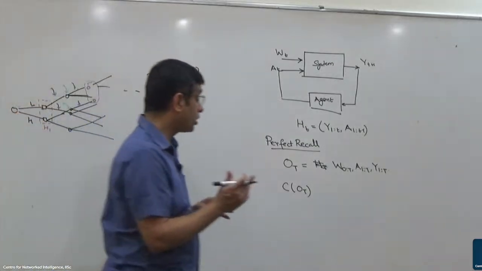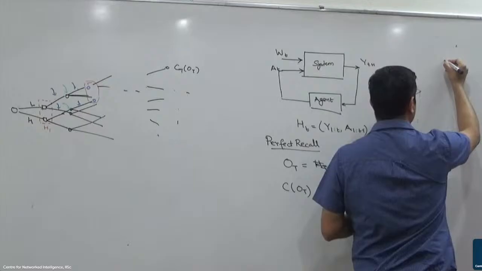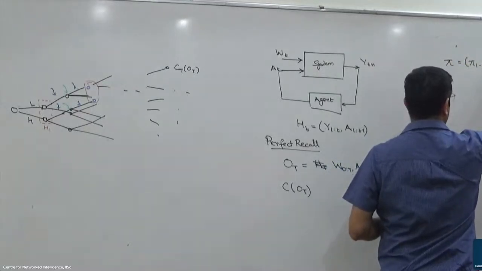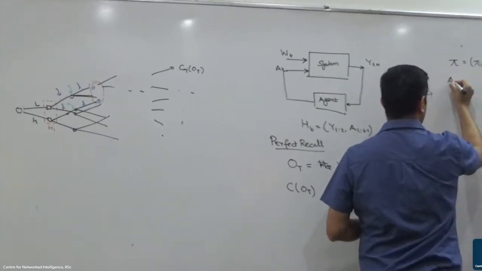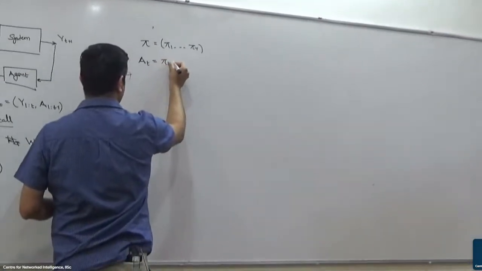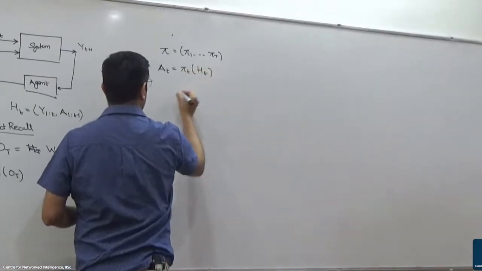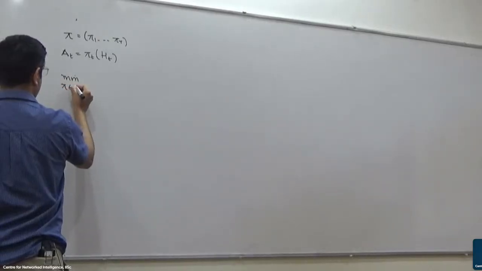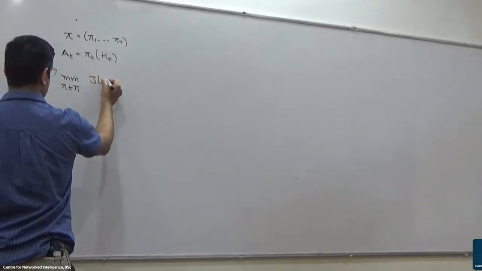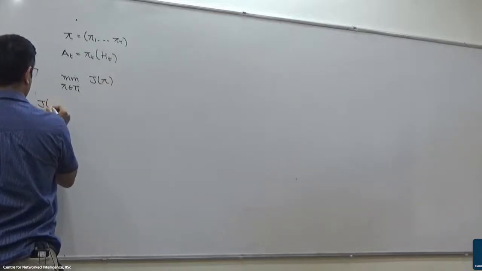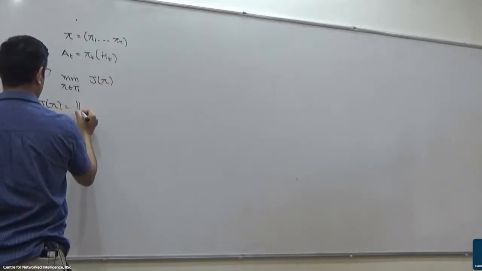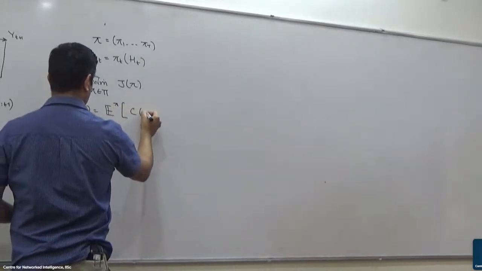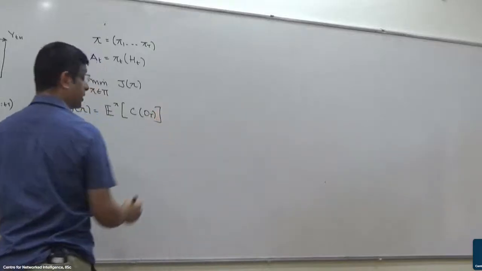And what I'm interested in is to choose a policy pi, which will be pi 1 to pi T, where At will be chosen as pi t of Ht, in order to minimize over all pi the performance of the policy, where the performance of the policy is defined as the expectation under pi of the outcome that I get.